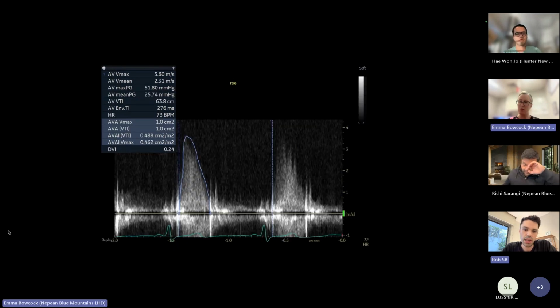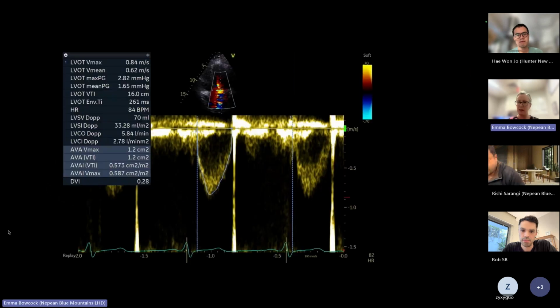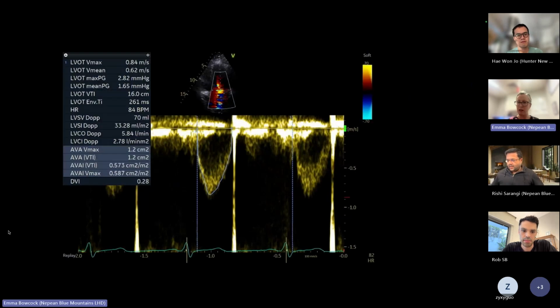Yeah. So Rob, let's ignore this one, and let's ignore the PEDOF numbers, but just based on this and this, and what you've seen, how would you grade severity if you were calling a cardiologist, telling them about this aortic valve? Tell me how you'd describe it to me if you were giving me a call.